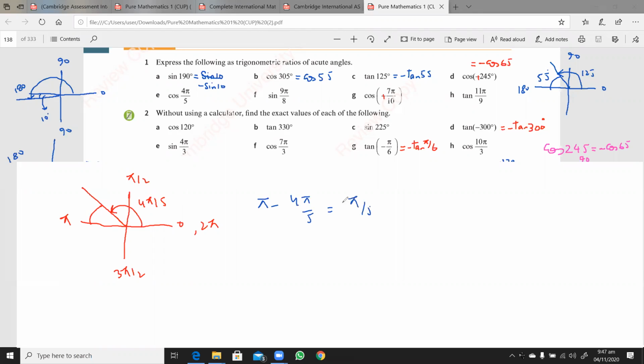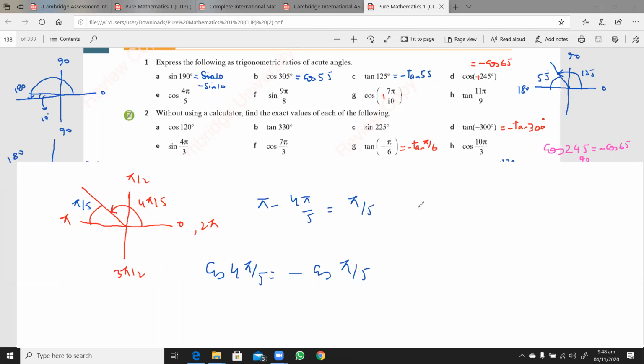So that is going to be pi by 5. So you have an angle pi by 5 over here. When you have cos 4 pi by 5, that is same as minus cos pi by 5, because your cos is negative in the second quadrant.